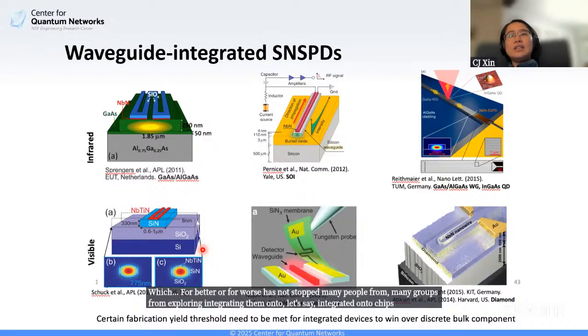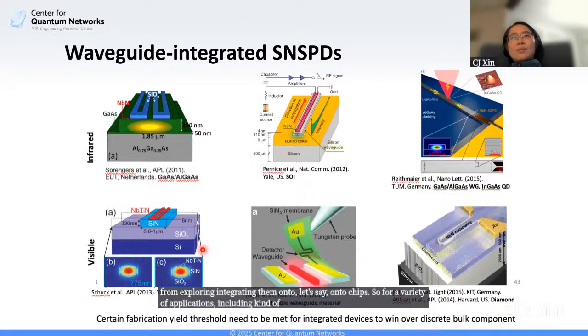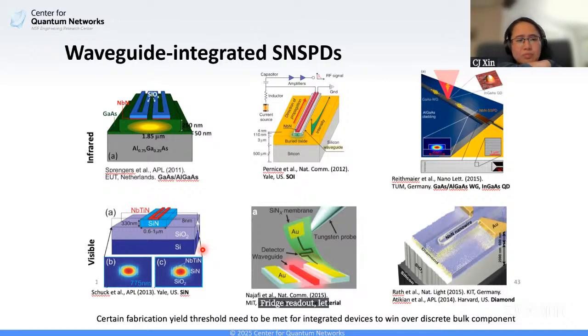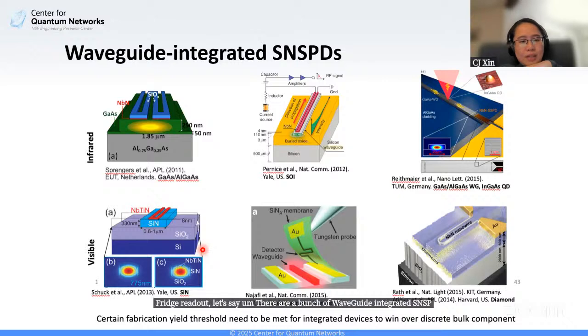For a variety of applications, including reducing the heat load of interfacing with superconducting qubits that live at the bottom of the fridge, let's say fridge readout, there are a bunch of waveguide integrated SNSPDs that people have come up with.